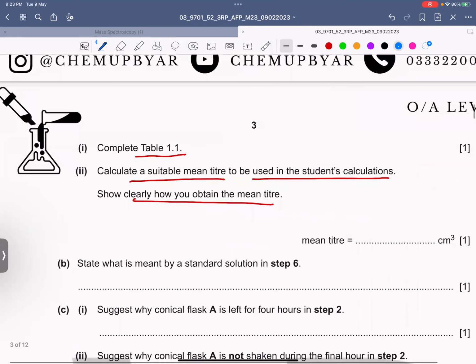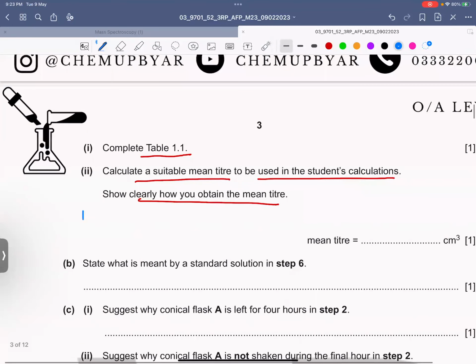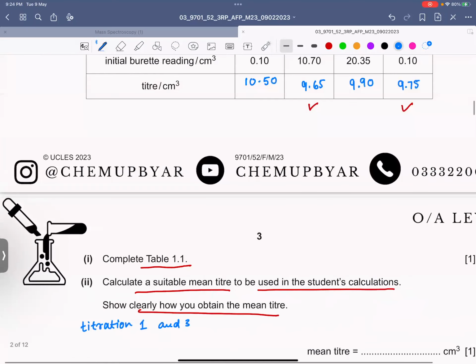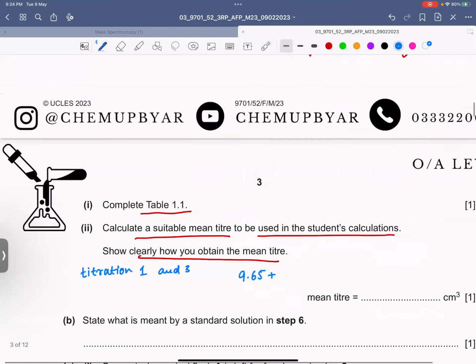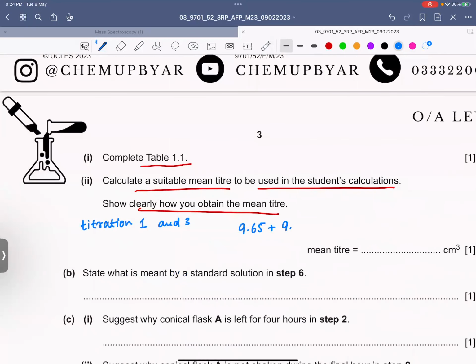So you can write over here titration 1 and 3, and the volumes are 9.65 plus 9.75 divided by 2.